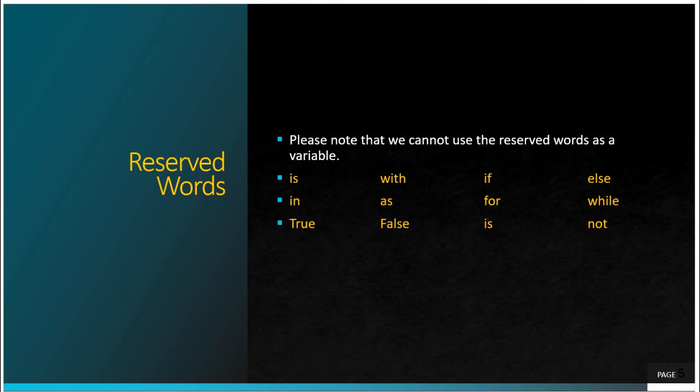So what is an IDE? Let's quickly understand that an IDE is an integrated development environment. It is a software application that provides tools for writing, editing, debugging, and running code in one place, basically.